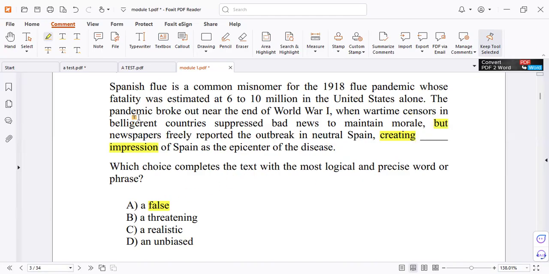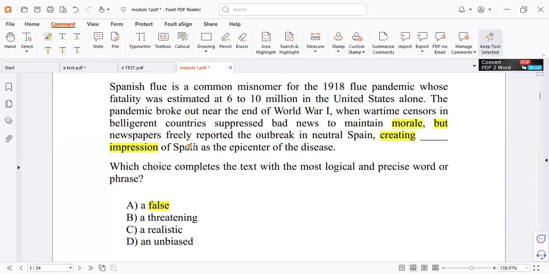Look, the pandemic broke out near the end of the World War, when wartime censors in belligerent countries, fighting countries, suppressed bad news to maintain morale. Morale, that's the behavior of people. But newspapers freely reported the outbreak in neutral Spain, which created a false impression of Spain as the epicenter of the disease.